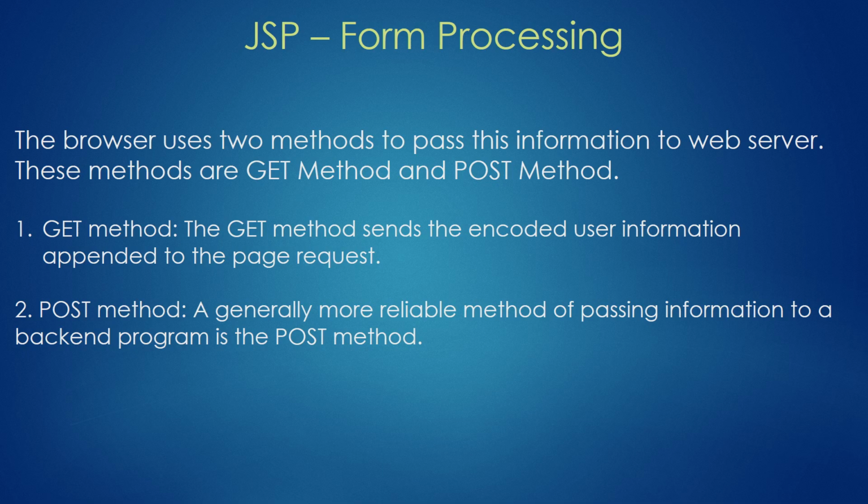Only 1024 characters can be in a request string. This information is passed using query string header and will be accessible through query string environment variable, which can be handled using getQueryString method and getParameter method of request object.